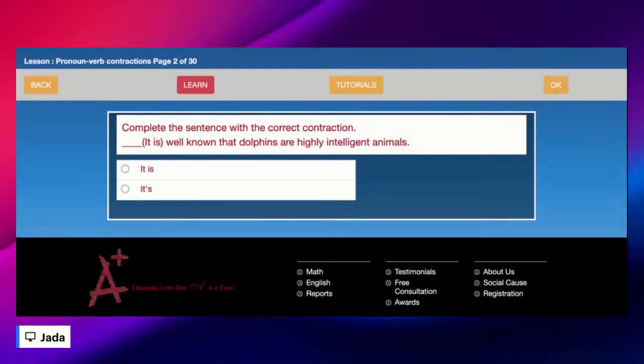What will be the correct answer here? Option two, it is.